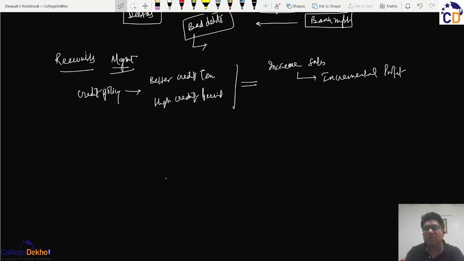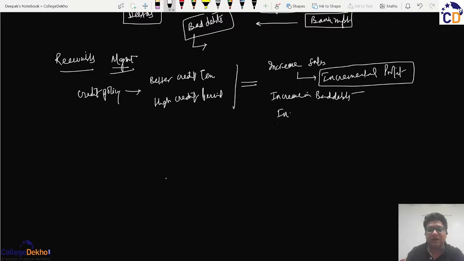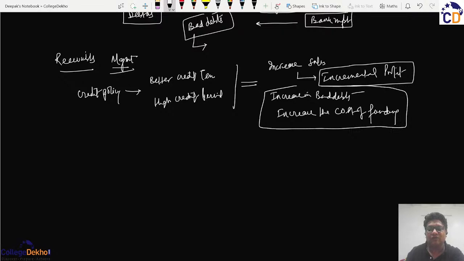And this is what motivates any business to go for a credit sale increase. But this will have an equivalent increase in the amount of bad debts, and it will also increase the cost of funding.